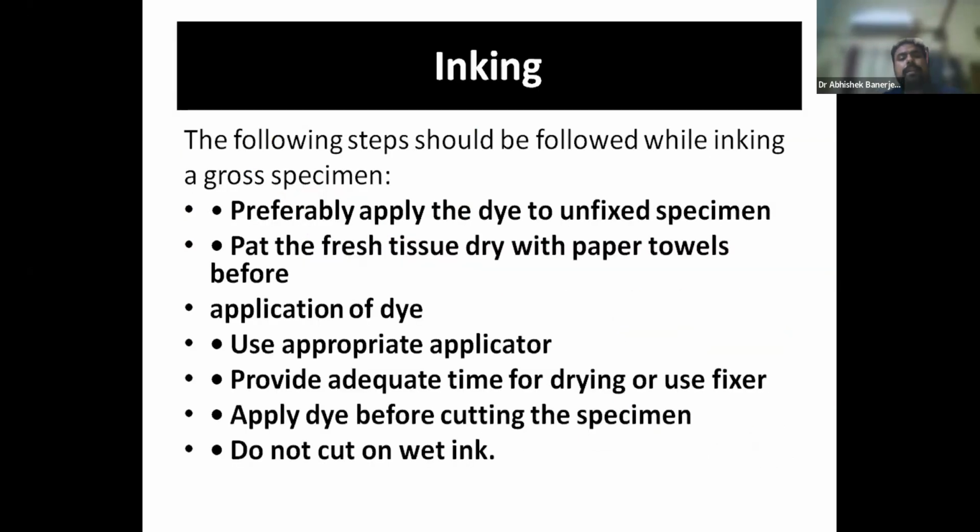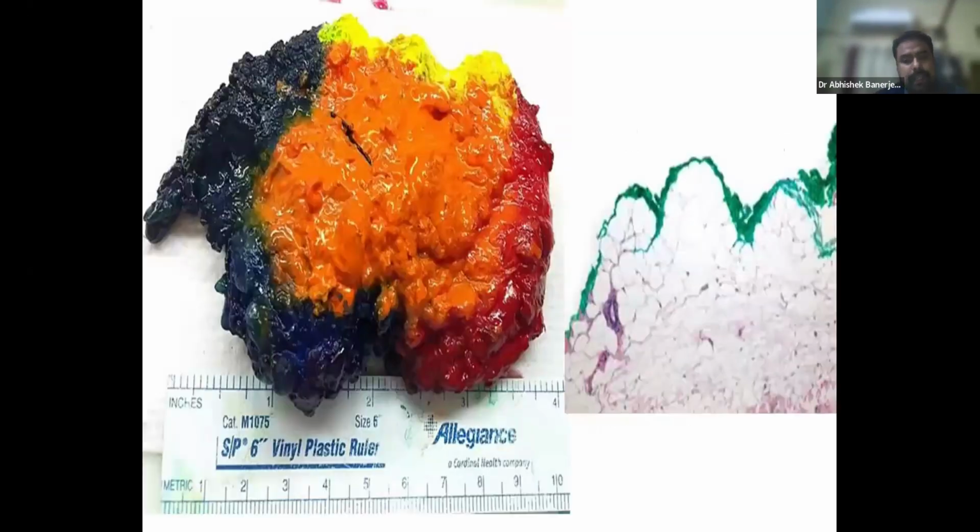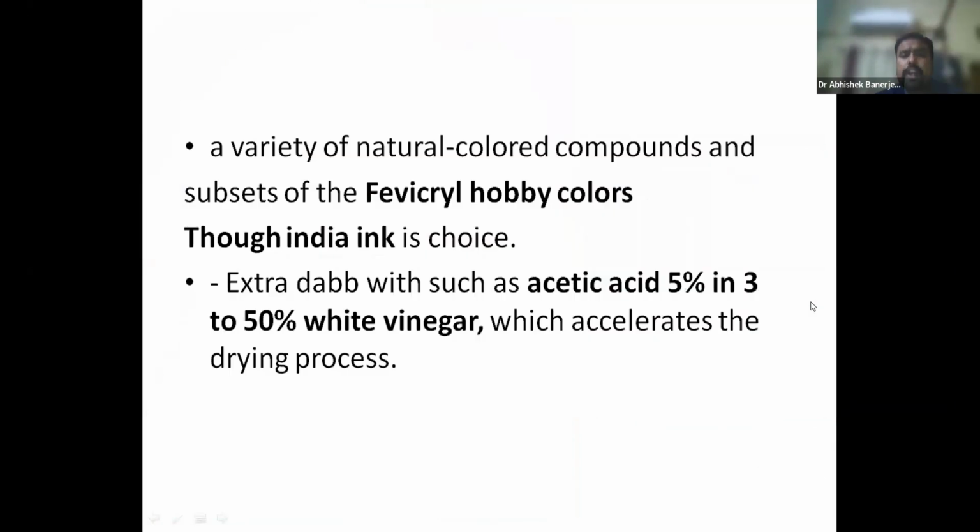Preferably apply the dye to the unfixed specimen. Pat the fresh tissues dry with paper towels, as I have already shown, and do not cut on the wet ink. This is how the inking looks in histopathology.